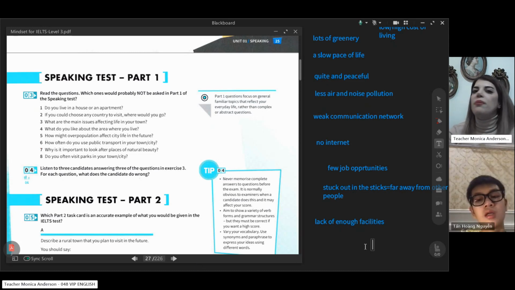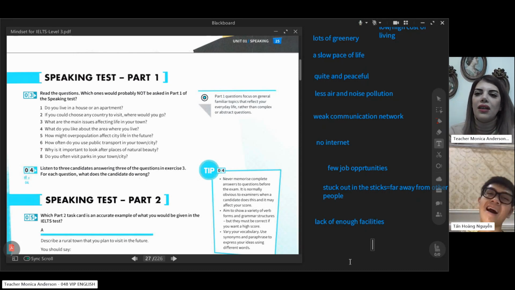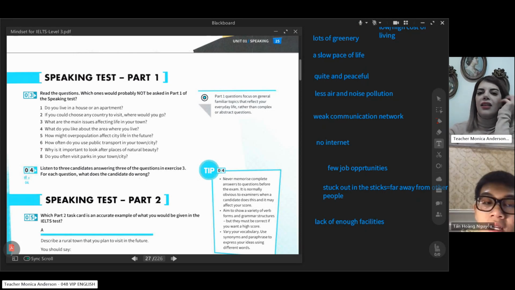So you say that people don't use public transport to travel, so they normally use their own cars. Teacher, I just say this is just about me, it's not most of the people in my town.